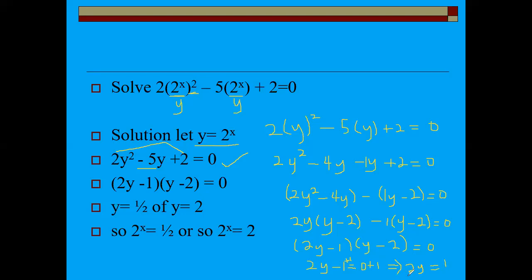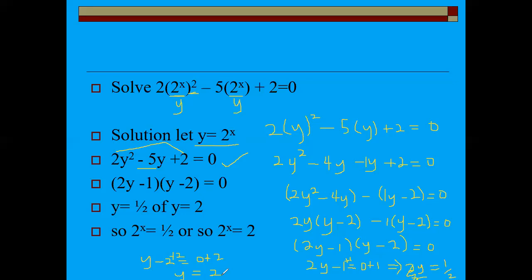Then when we divide both sides by 2, the 2 will cancel out the 2 here, so we'll be left with y is equal to half. And at the same time, if we solve the other side, y minus 2 equals 0, we add 2 to both sides and you get y equals 2.